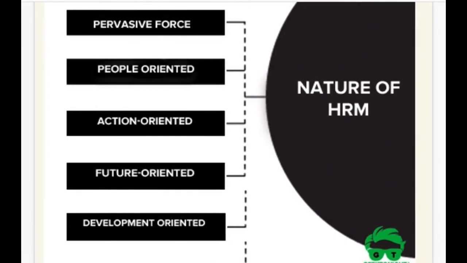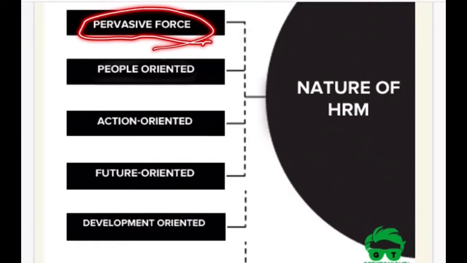Let us see a few natures of HRM. HRM as a discipline has its own nature. One is pervasive force. What is pervasive force? Pervasive force is nothing but an inherent part of an organization. You cannot separate HRM from an organization.